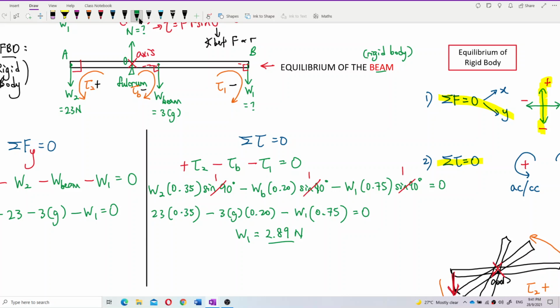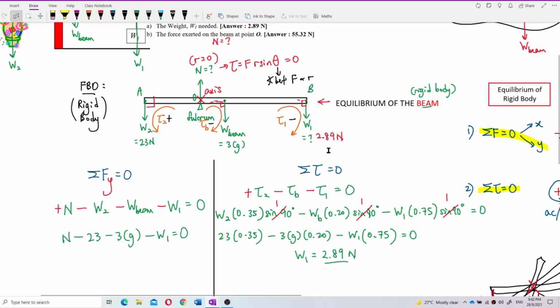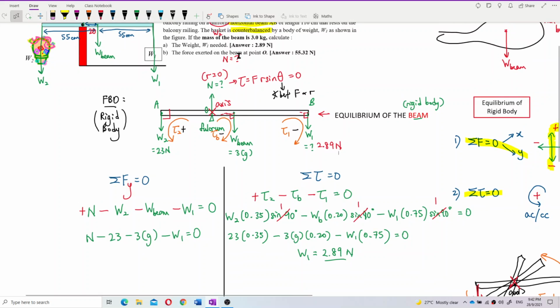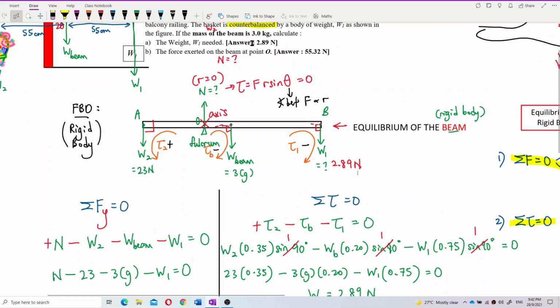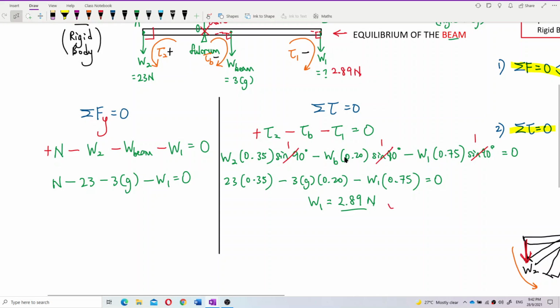That's the weight one. Is it correct? Yes, it's correct. W1 is 2.89 Newton.